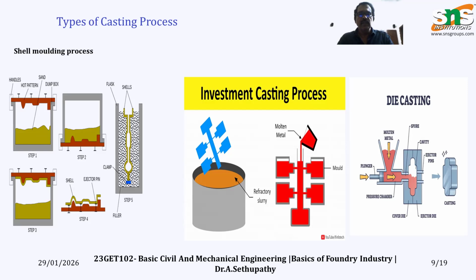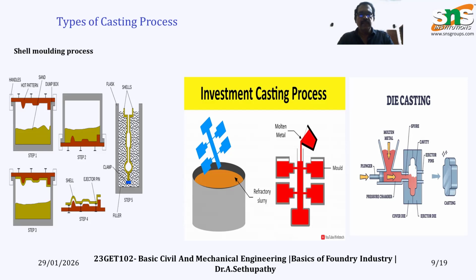Shell molding means the mold is made in the shape of a shell. Do we know what a shell is? It is a thin layer hardened from sand materials. For the product we need, the pattern is created and fixed in the shell molding machine. The machine is a box covered with the pattern.